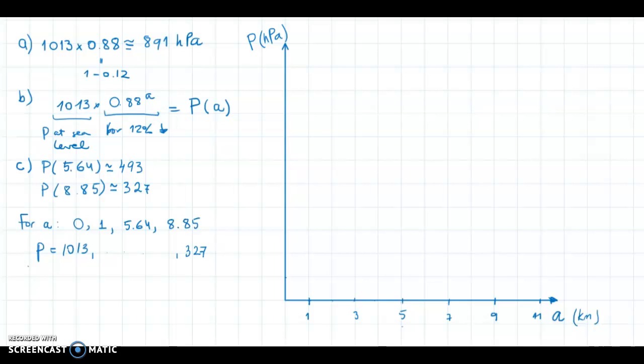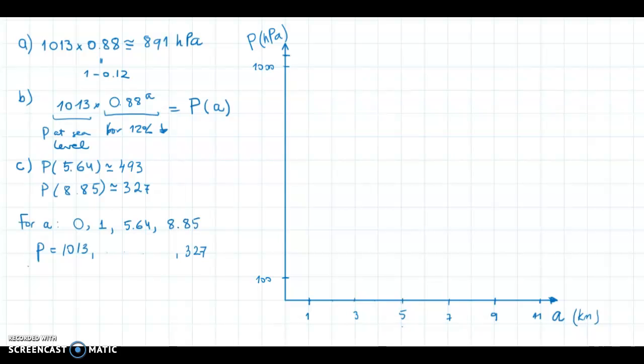So let me count 1, 2, 3, 5, 6, 7, 8, 9, 10. Okay, if I say 1 square corresponds to 100, then over here I have 1000, and I just need to mark a little bit over 1000, so that will be fine.